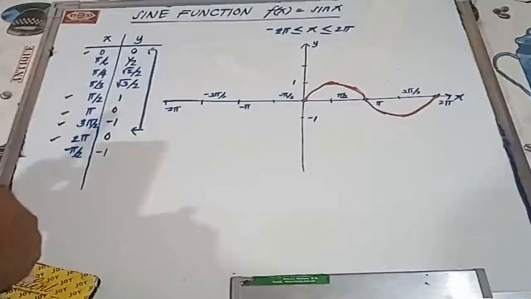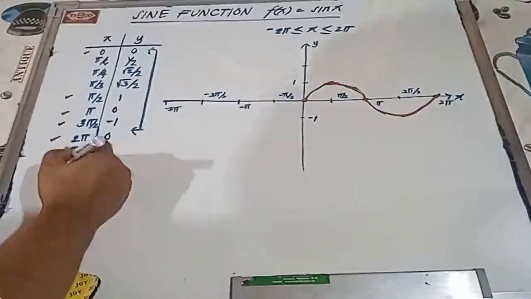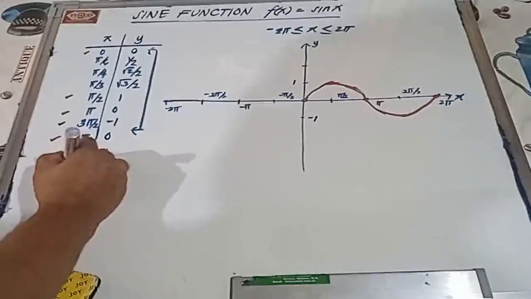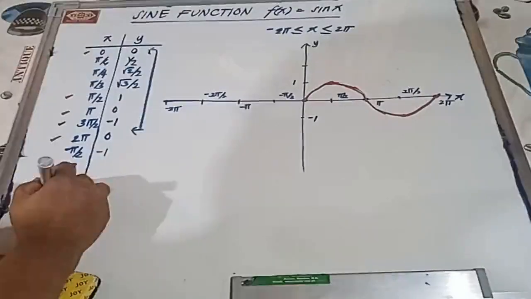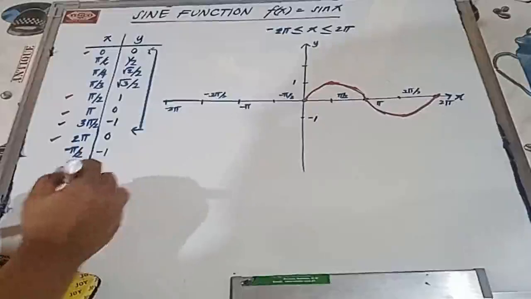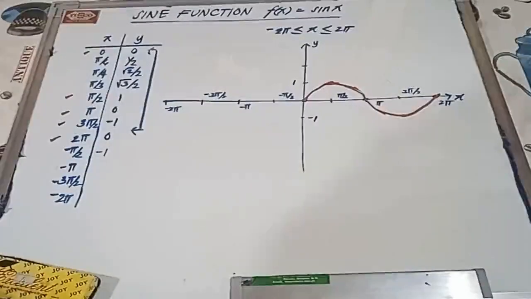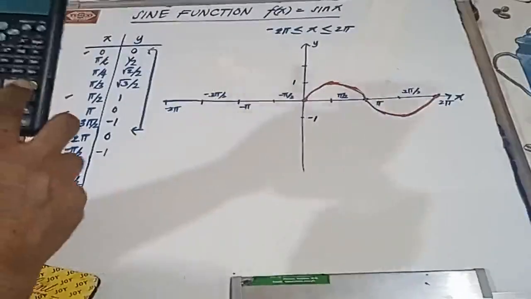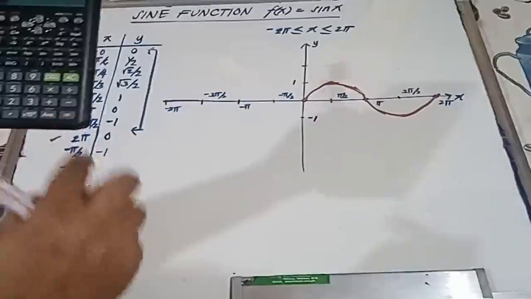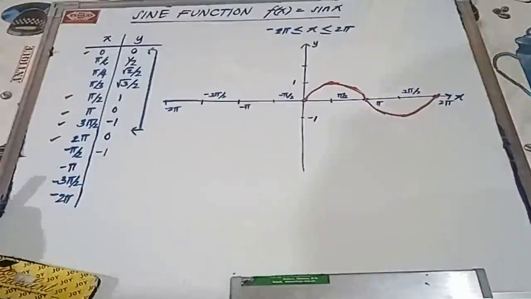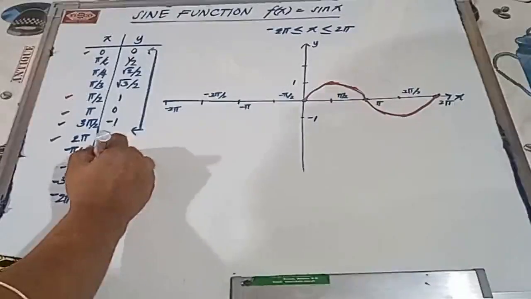And then what else? Negative pi, negative 3 pi over 2, negative 2 pi. Pi is 180. So sine negative 180 is 0.